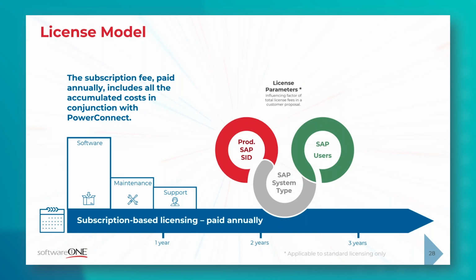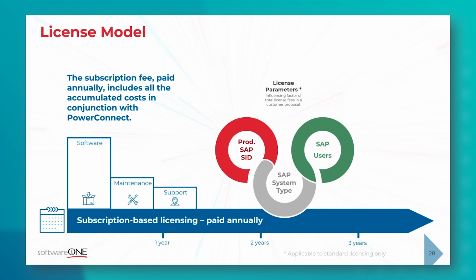There are also dependencies on the system type. Transactional SAP systems like ECC, S4HANA, CRM, SRM, SCM, and so on, can be found in Tier 1.